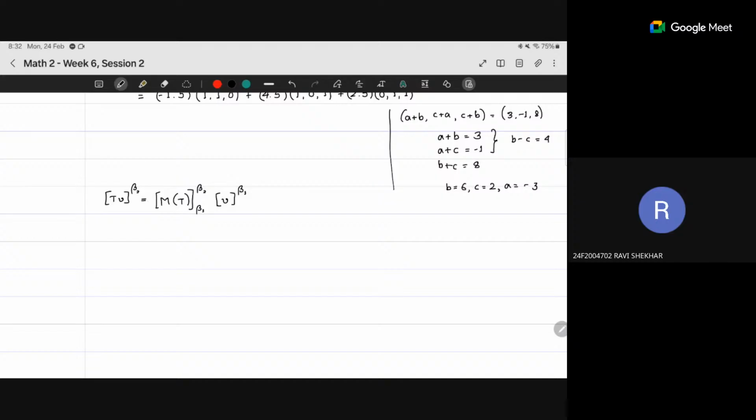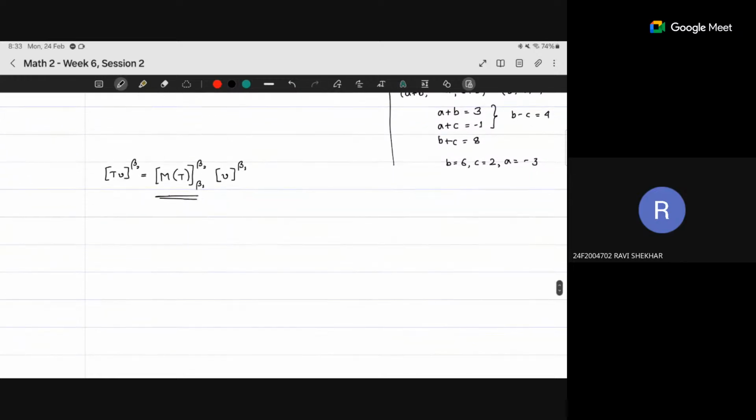So this is the equation that you can use to verify. Now, what does this equation mean? V is any given vector in your domain, and V beta 1 is the set of coefficients of that vector, and TV beta 2 is the coefficients of TV in the basis beta 2.